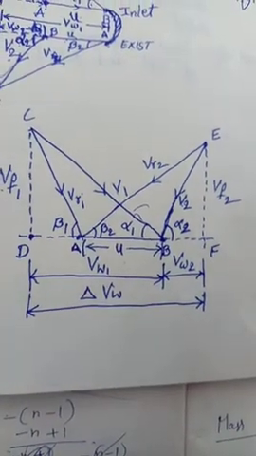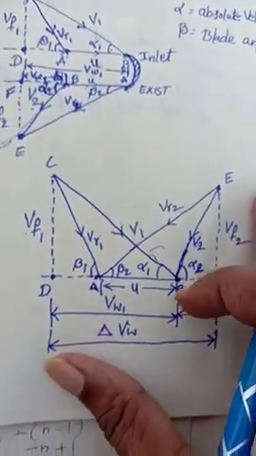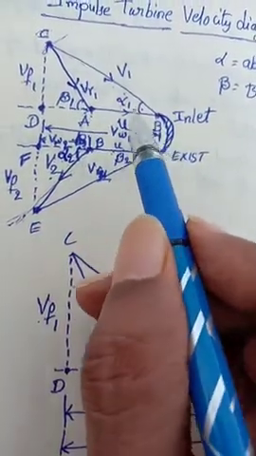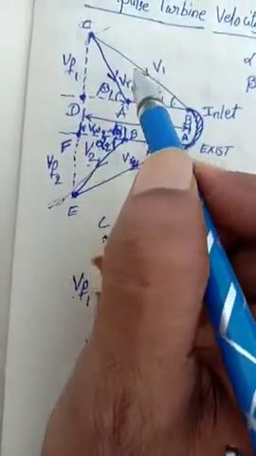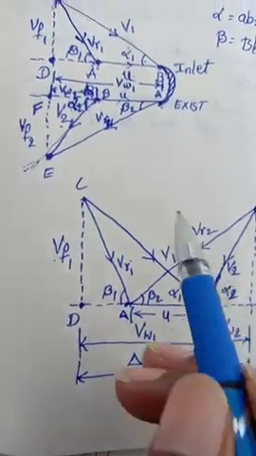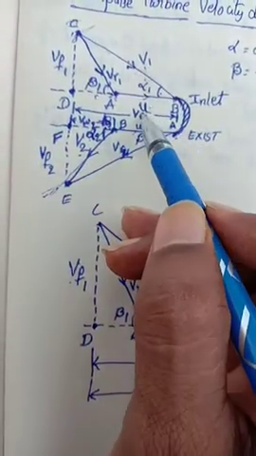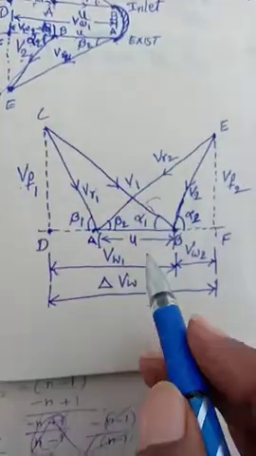So again I told you, if the diagram comes, we can solve problems. Look at once here, very simple thing: AB is the blade velocity and V1 is the absolute flow velocity. The combination of VR1, V1 and U forms a triangle with angle alpha 1.